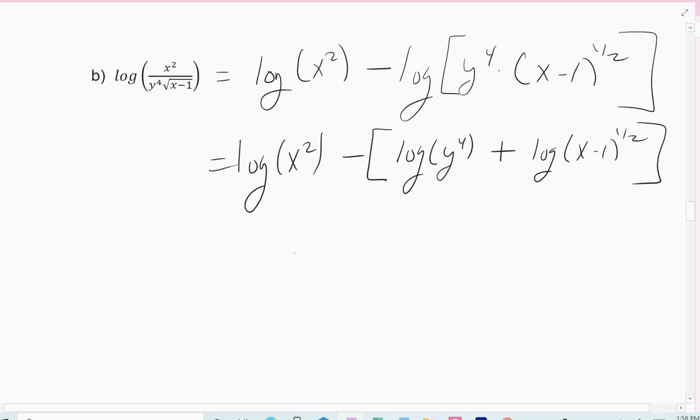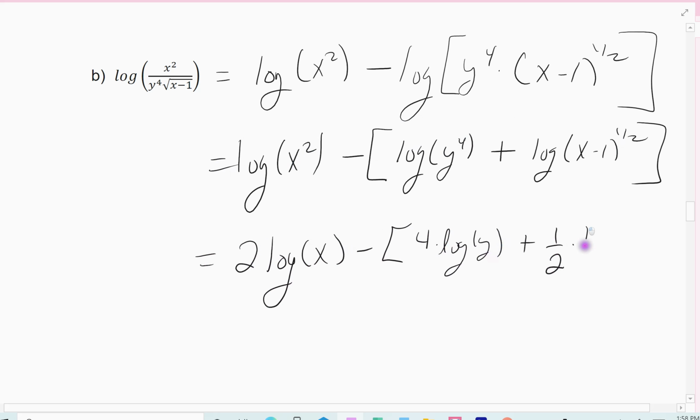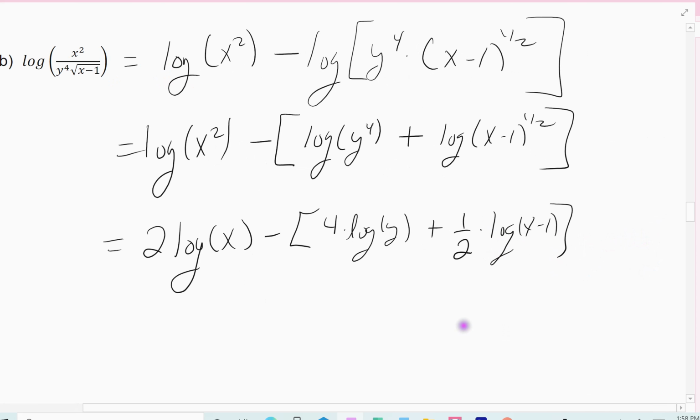My last step is to move the powers out to the front of each of my logs. So it's going to be 2 times the log of x minus, in brackets, 4 times the log of y plus 1/2 times the log of x minus 1. Let me write that a little neater.